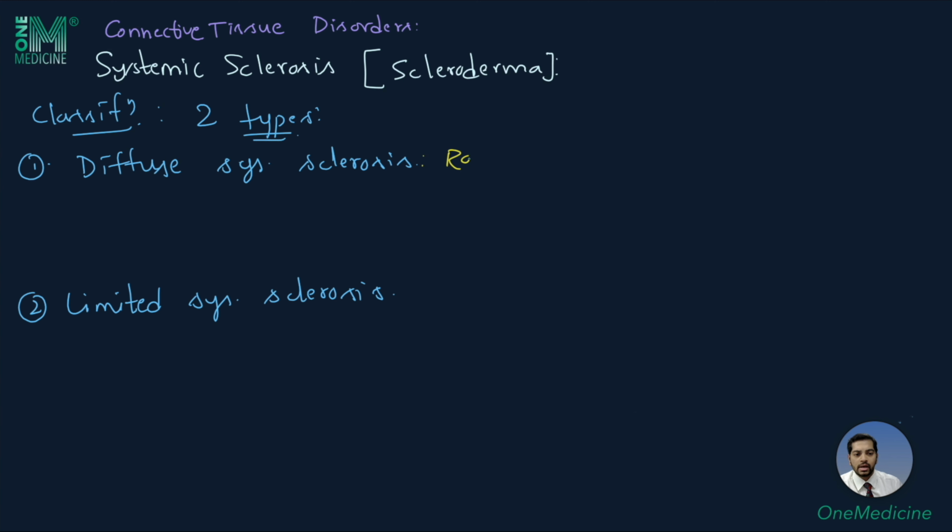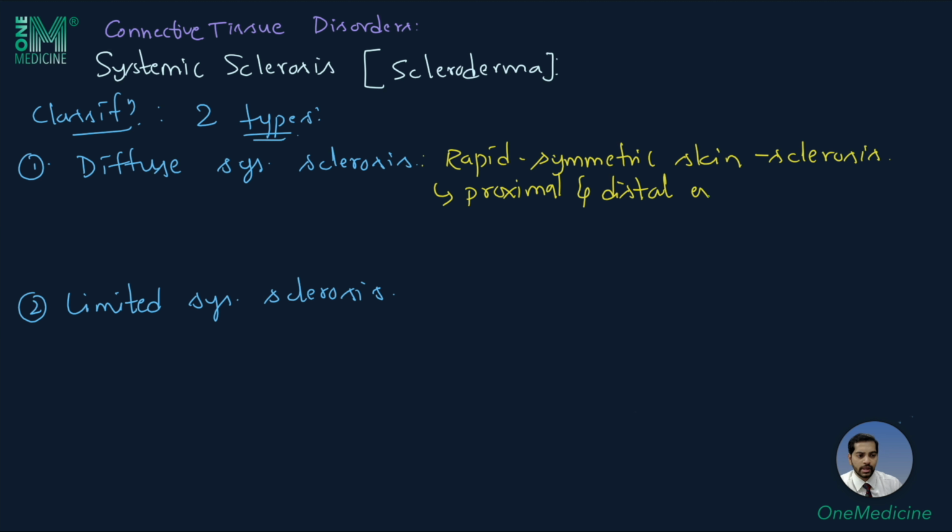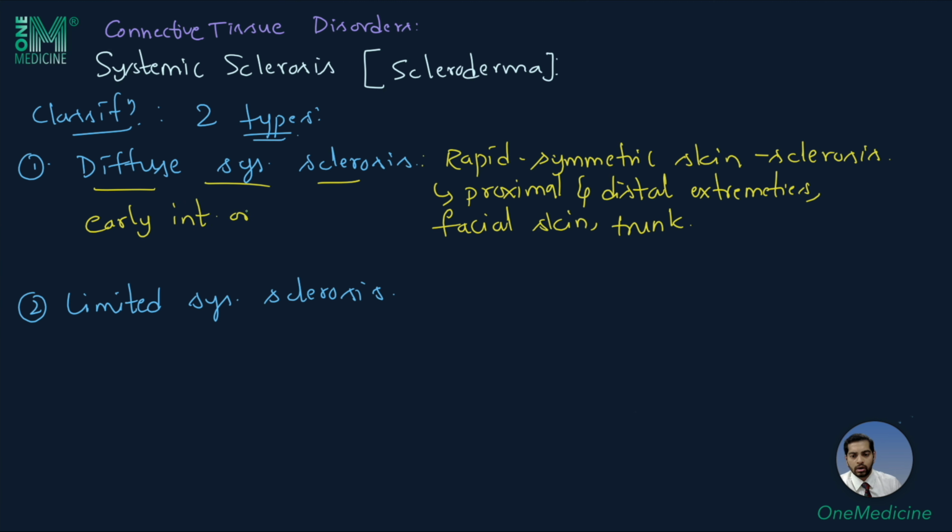Diffuse is characterized by rapid development of symmetric skin thickening, that is symmetric skin sclerosis, especially of the proximal and distal extremities. There can be sclerosis of the facial skin also and trunk. The characteristic or important feature of diffuse systemic sclerosis is early internal organ involvement, that is especially in the early stages of the disease.